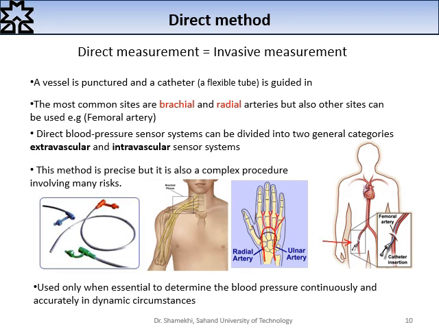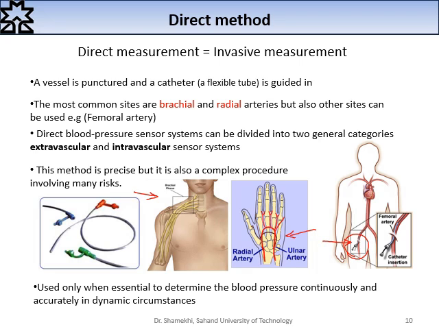This is the radial site, this is the brachial site, and this one is the femoral artery site. Direct blood pressure sensor systems can be divided into two general categories: extravascular and intravascular sensor systems.